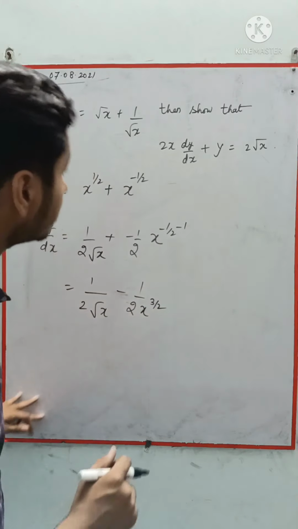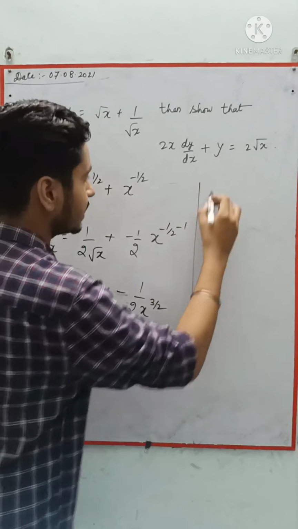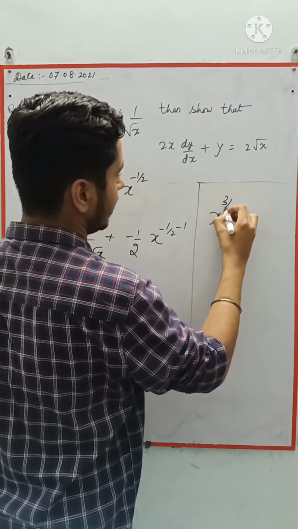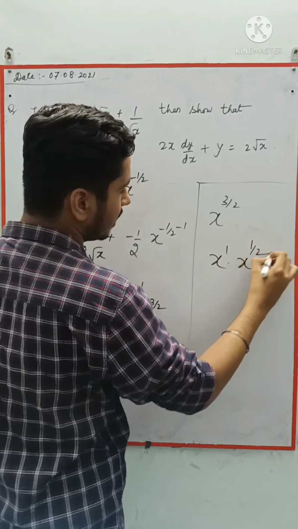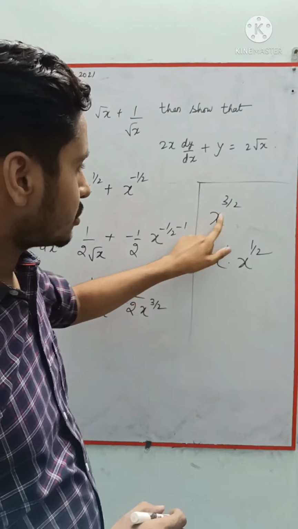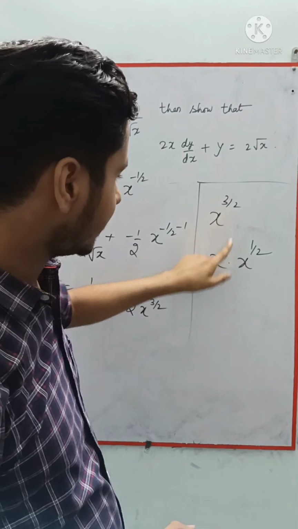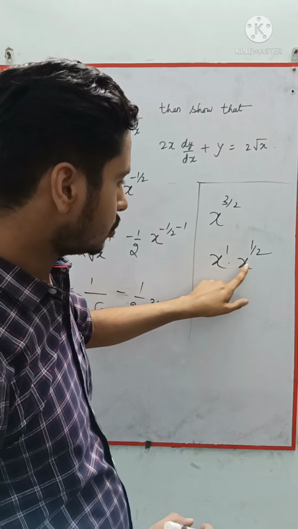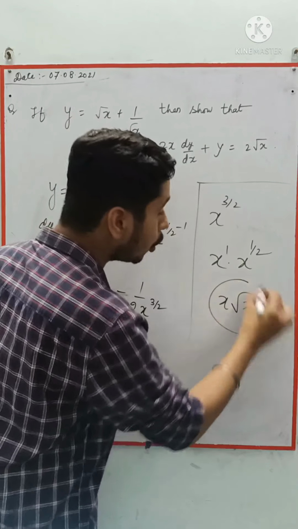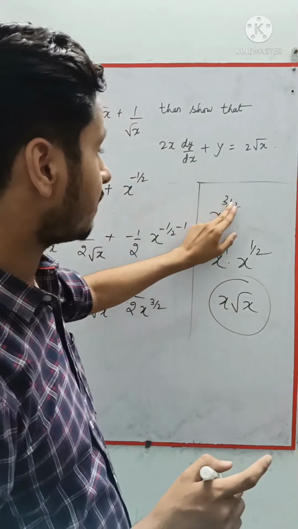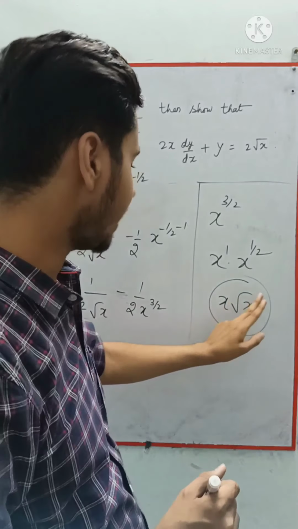You know what x to the power 3 by 2 actually is? See, let me explain. x to the power 3 by 2 is x to the power 1 into x to the power half, because x to the power 3 can be bifurcated into x to the power 1 into x to the power half. Or this is x root x. Always remember x to the power 3 by 2 is x root x.